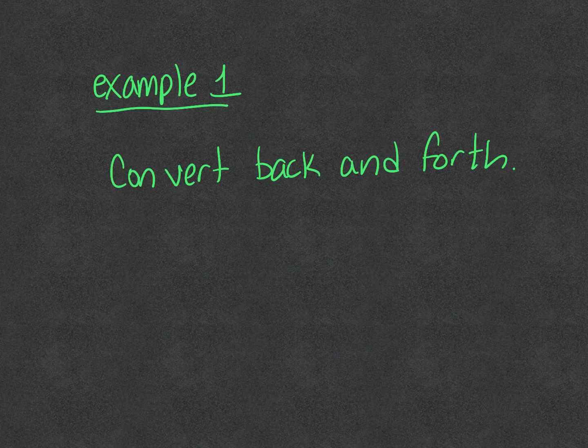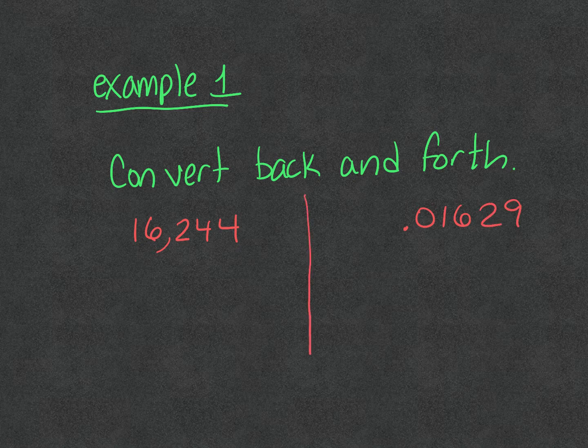Now, if we're going to convert back and forth, I just kind of showed that, but I'll pick a number. I'll say 16,244. And then I'll also say 0.01629. So those are our two numbers. So here we are, we're in standard form, a normal number. We have that imaginary decimal point at the end. It's not really imaginary.